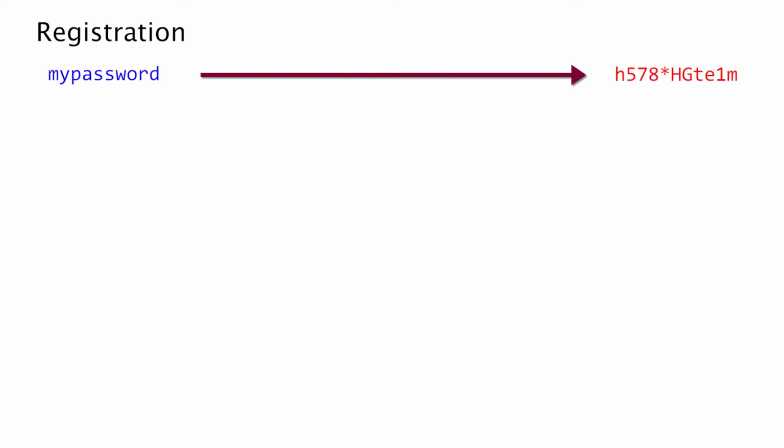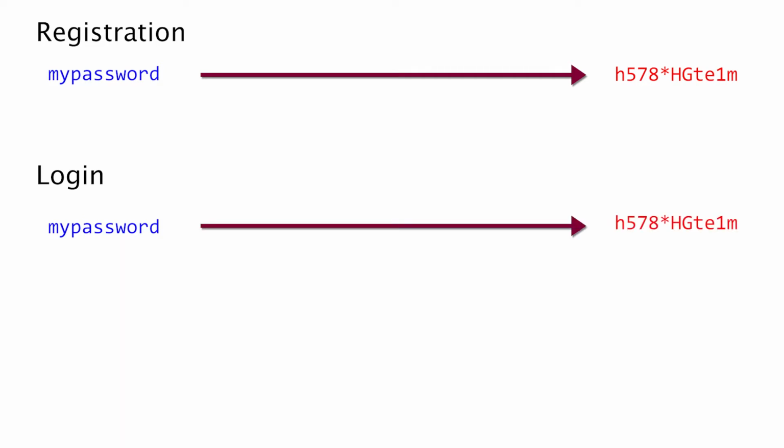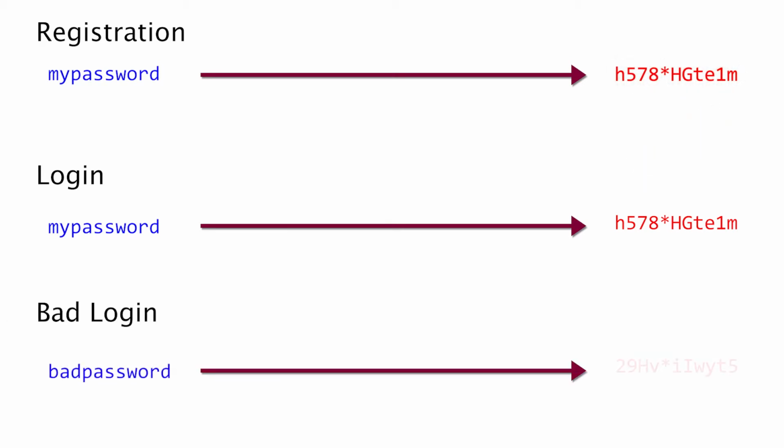When they then log in, we don't need to decrypt that encrypted form. We simply need to take the password that they've logged in with, put it through exactly the same encryption process, and if the encrypted form of what they've entered matches the encrypted form of what we've stored, then clearly they've entered the correct password. That means that without ever storing the password itself, we can still have the security.